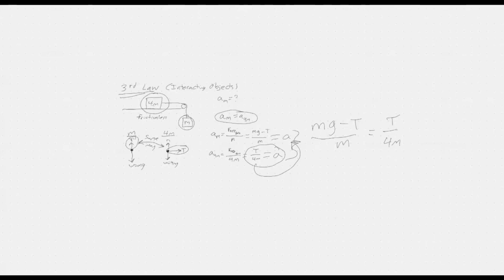How could I do that? Well, I can get rid of this m in the denominator and rewrite this as this. That's taking the m across.